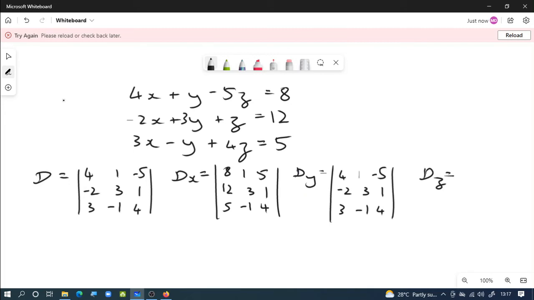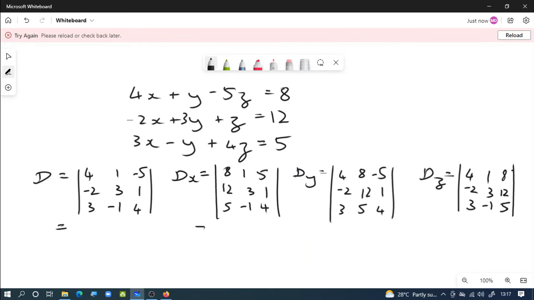So for the y we replace the second column. For the z we replace the third column with 8, 12 and 5.